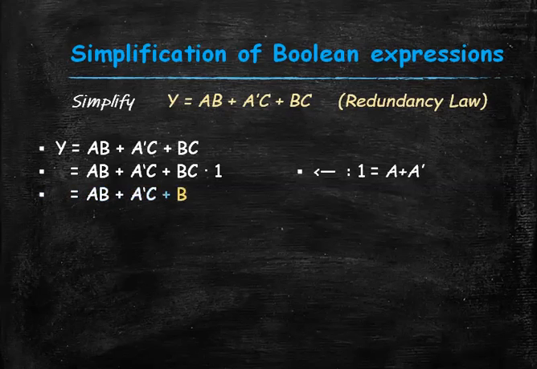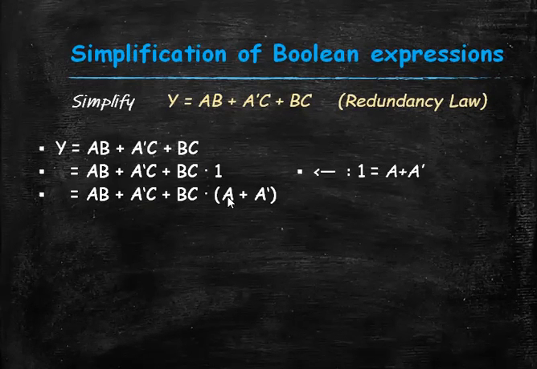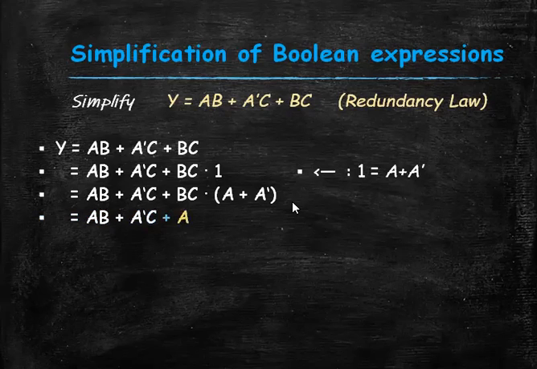Then AB or A bar C or BC and A or A bar. Now we multiply BC with A or A bar and we write it as AB or A bar C or ABC or A bar BC.